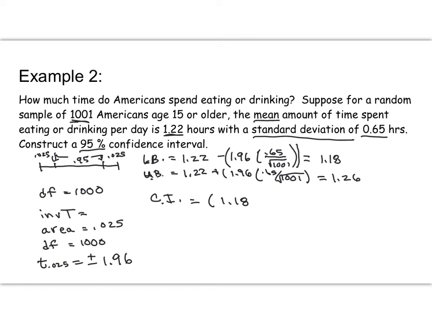Okay. So 1.18, and then you're going to put a comma and your upper boundary. So that's the confidence interval. That's the lowest value. That's the highest value.